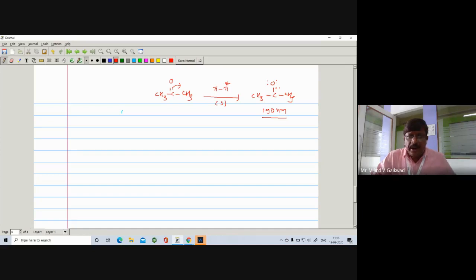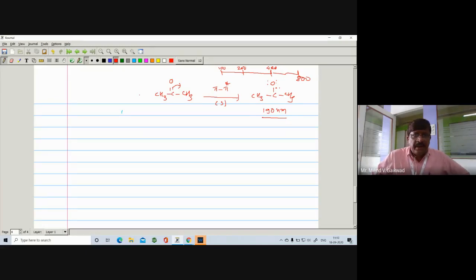Even though it contains pi to pi star, it gets absorbed below 200. Actually our scale is 100 to 200, 200 to 400, and 400 to 800 is visible. So here it absorbs at 190 nanometer.